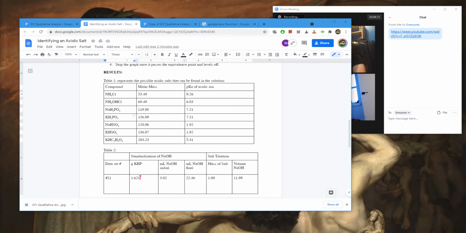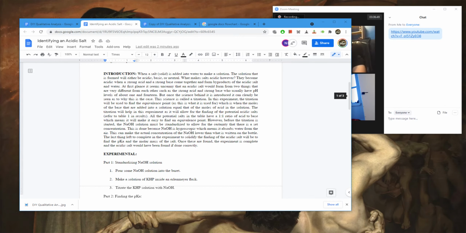No, we're not finding KHP. I think it's just going to be used in calculations, but we're finding the pKa and the molar mass. So KHP is just a general term that could be any one of these salts then. Possibly, I think that's what it probably means.